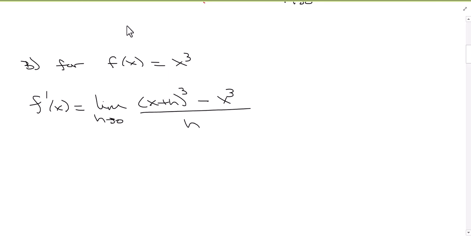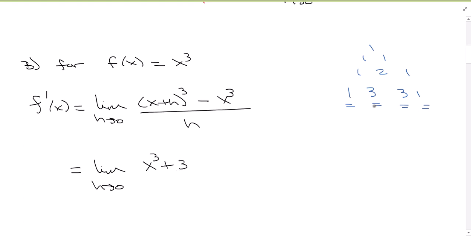And in the prior videos, we have expanded x plus h quantity cubed using Pascal's triangle, which tells us this is 1, 3, 3, 1. So this gives us the coefficients of our terms for the cubic expansion. So I'm going to have the limit as h goes to 0 of 1 x to the third, plus 3x squared h.